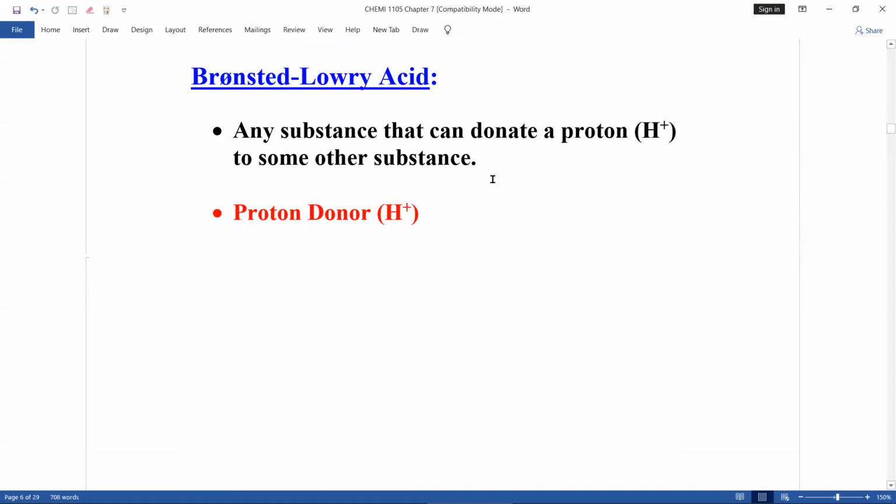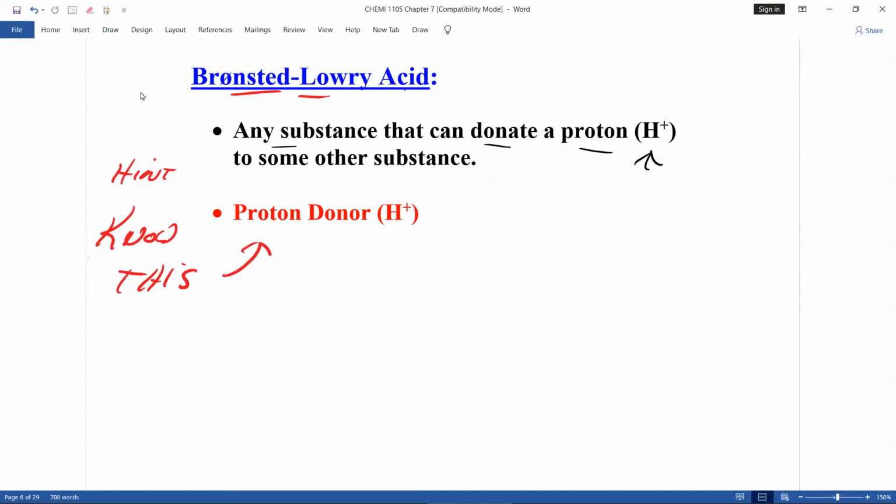What is a Bronsted-Lowry acid? It's any substance that can donate a proton, we call proton H plus, to something else. A Bronsted-Lowry acid is a proton donor.